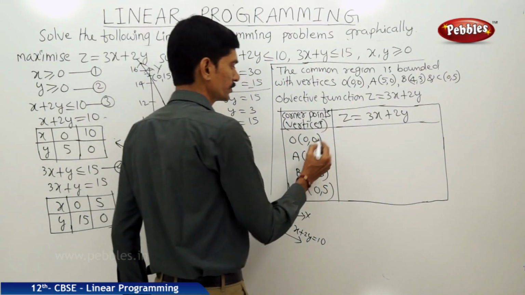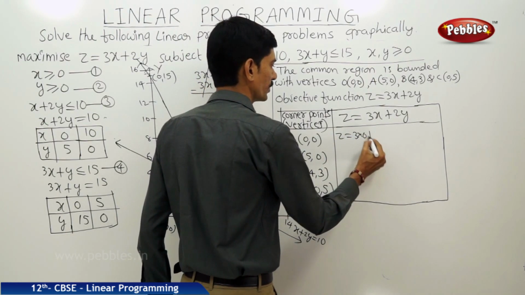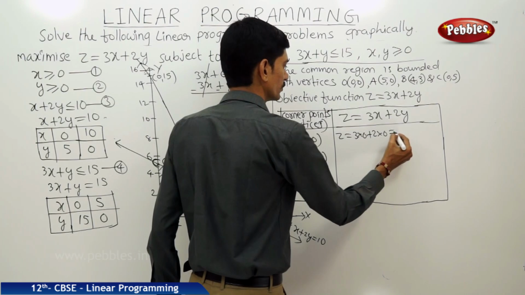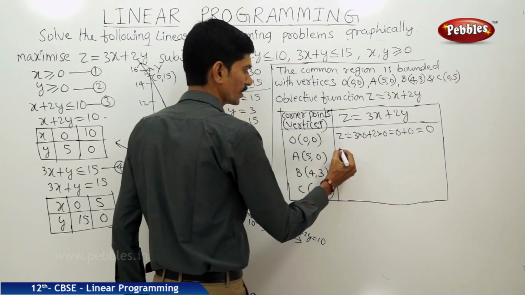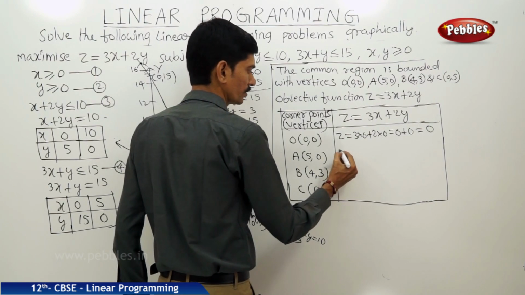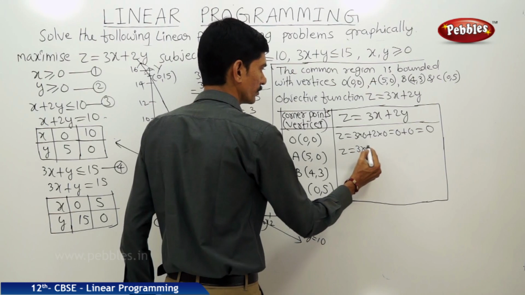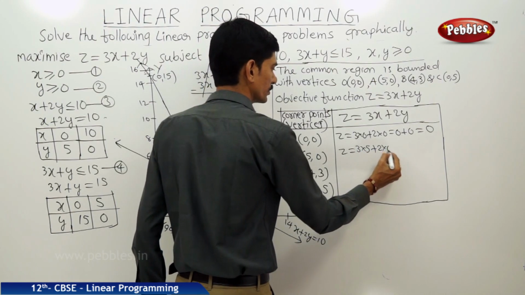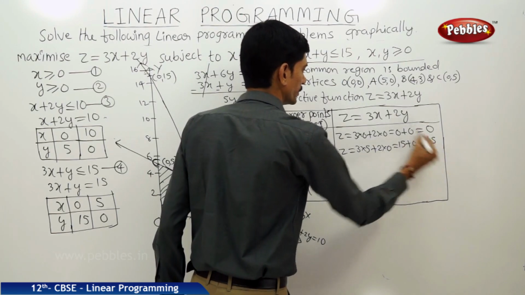At the first vertex 0 comma 0, z equal to 3 into 0 plus 2 into 0 equals 0 plus 0 equals 0. At the second vertex 5 comma 0, z value is 3 into 5 plus 2 into 0, 15 plus 0 equals 15.